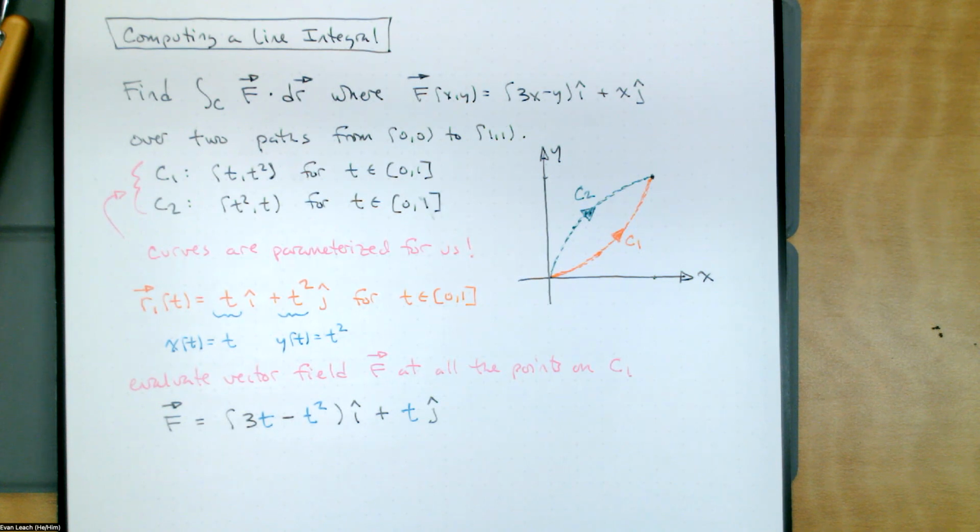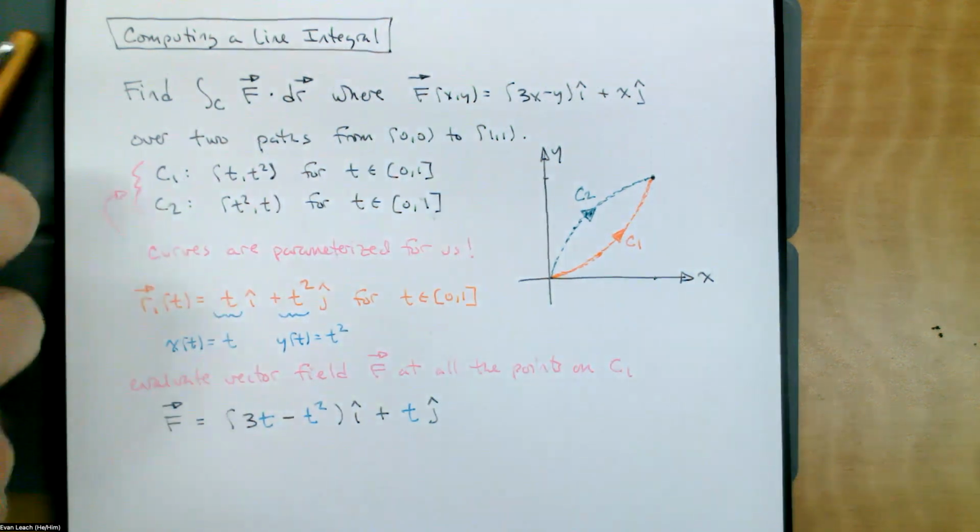We just take the x and y and figure out what those points are along this curve by looking at the parameterization. The i component is the x and the j component is the y. This is evaluating the vector field at all the points on the curve C1.